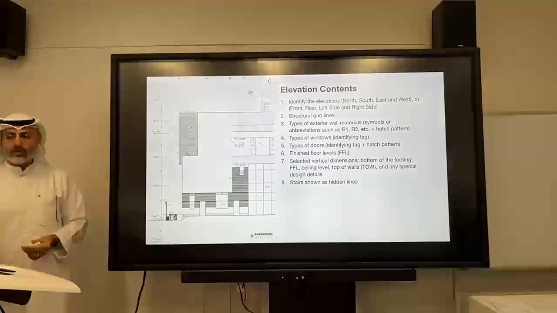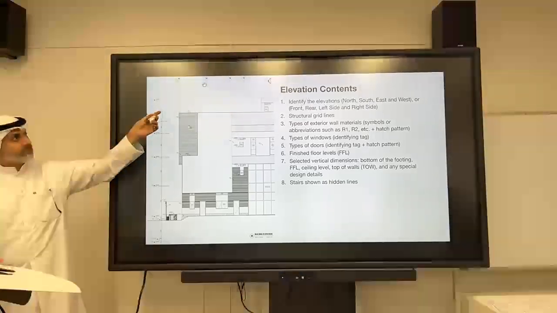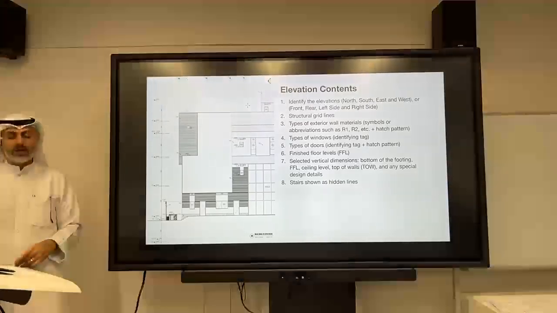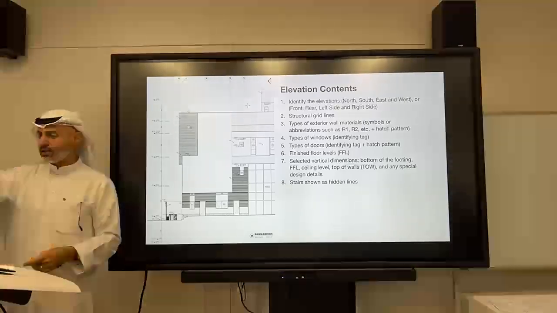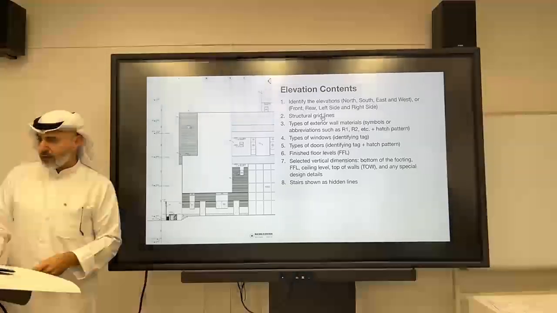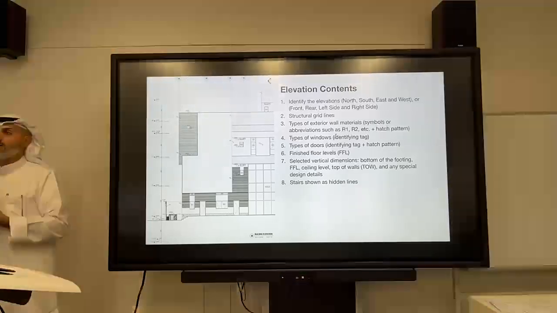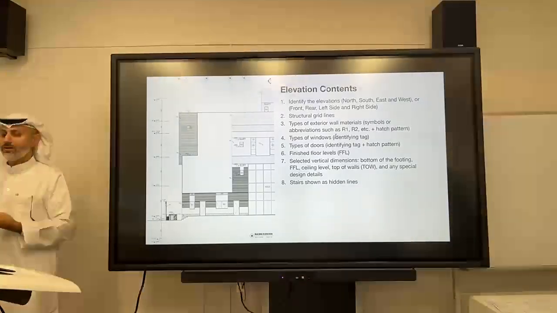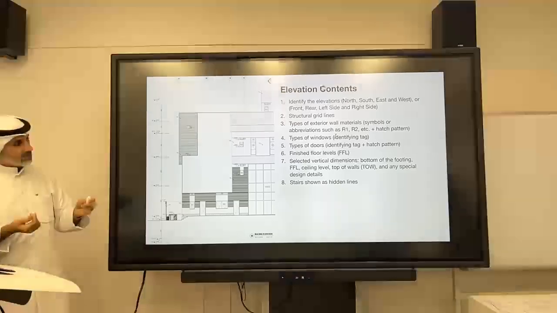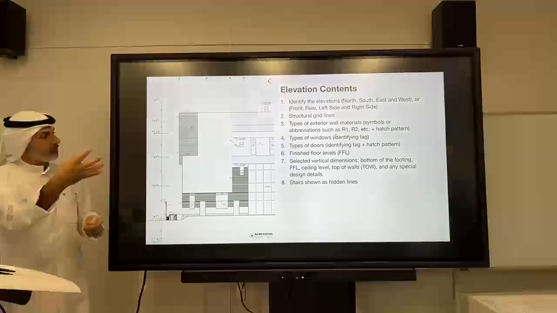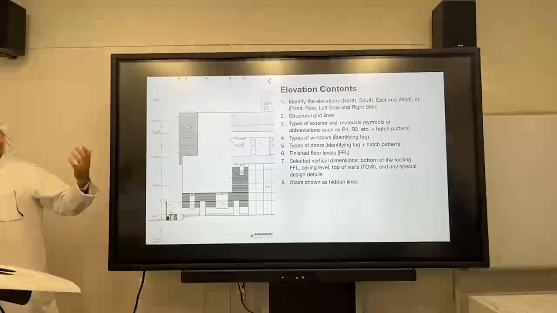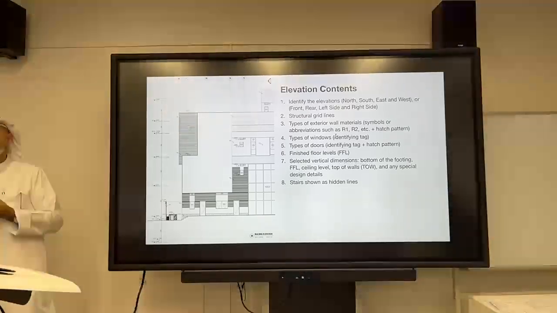In the elevations, we show the structural grid, as you can see here. So whether it's 1, 2, 3, 4, or A, B, C, depending on which view you're looking at in the elevation. We typically show the types, so that's one of the more important things to show in an elevation: the materials, or the finishing on the walls. What's the type of material and how do we show it?